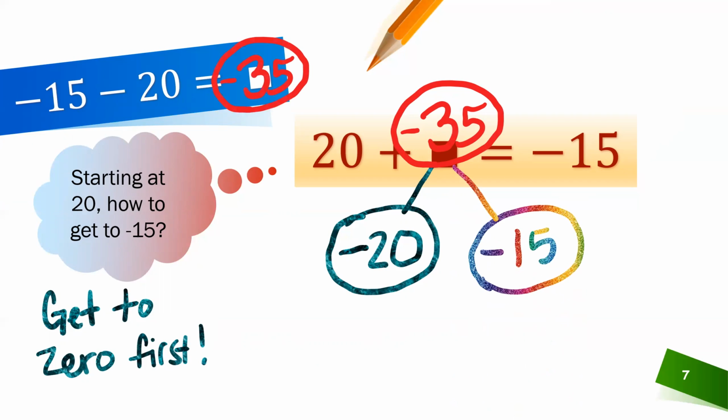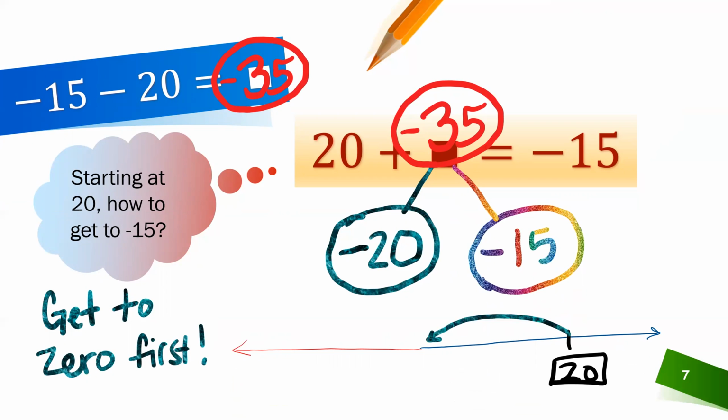Now, if that's too abstract, think of your number line, the positive, the negative, right? Starting at 20, where am I going to go first? Get to 0. That would be backward 20 units. And then I got to go another backward 15 units to get to negative 15. That would be backward 35 units.